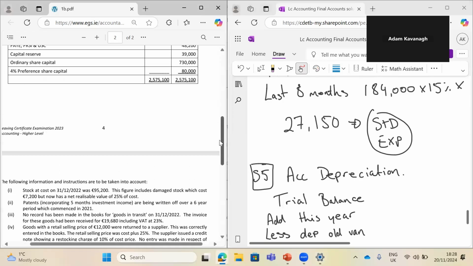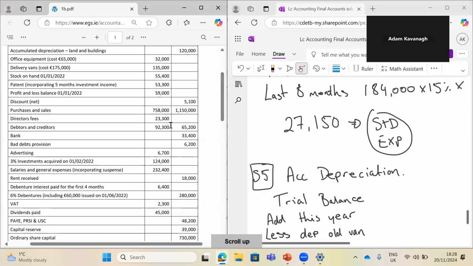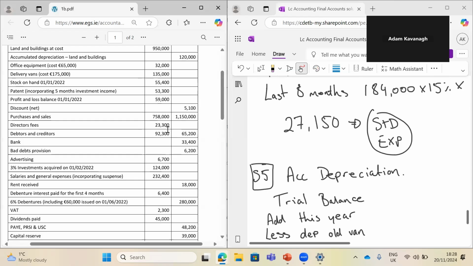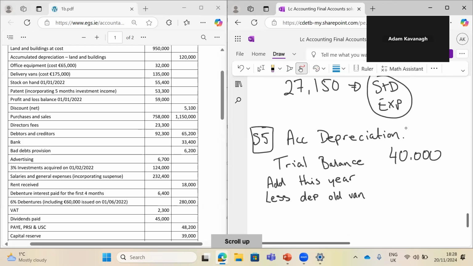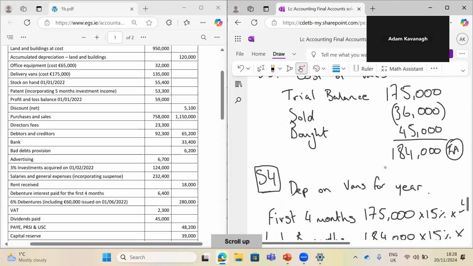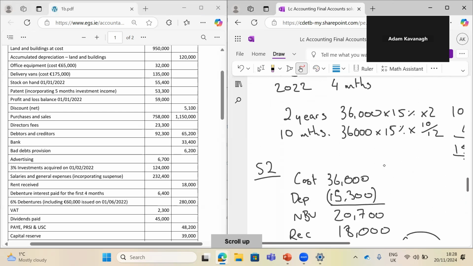We just need to take the accumulated depreciation on vans from the question, which is 175,000 minus 135,000, which is 40,000. Okay, and then we have depreciation for this year, which we just figured out, 27,150. So we're going to add that on. If you go back up a few steps earlier, how much was the depreciation on the old van?